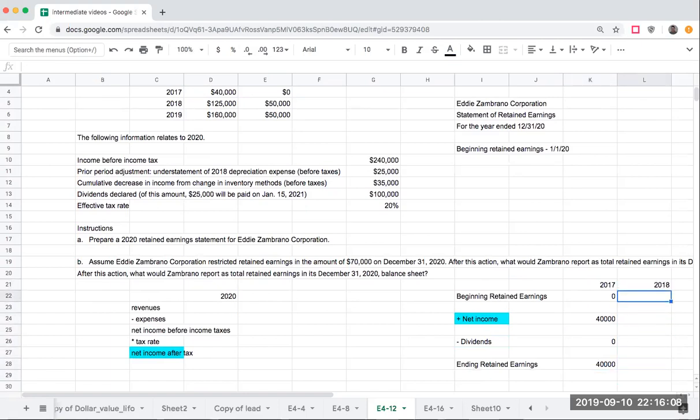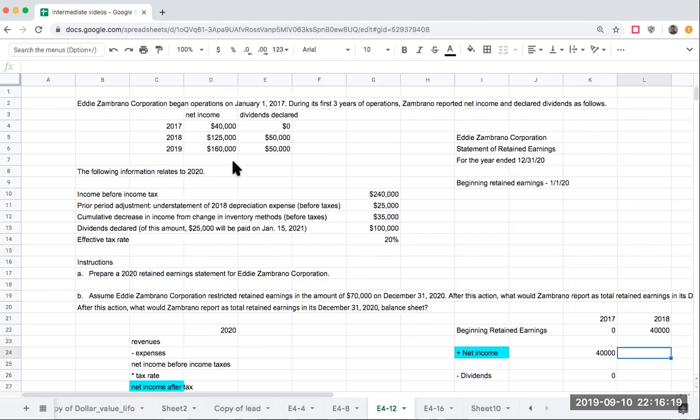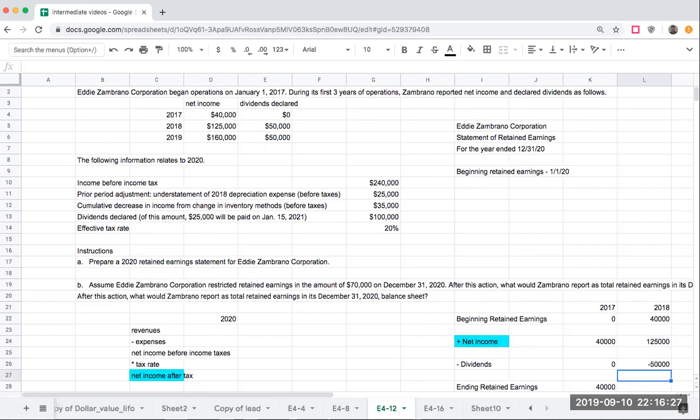When I get to 2018, my ending from 2017 becomes my beginning for the following period. For 2018, I had net income of 125,000, less my dividends declared of 50,000.